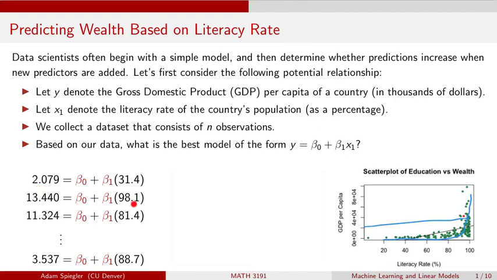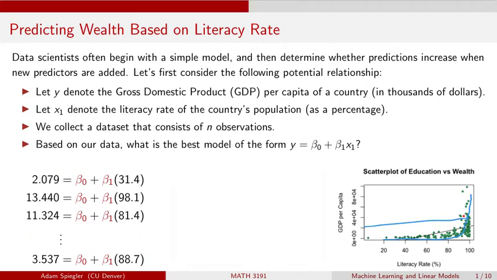Here's another country that has a literacy rate of 98.1%, and that country's GDP per capita is about $13,000. That's what this represents. So we can organize all of our data into a whole system of linear equations, which is where the linear algebra is going to come in. And we can ask ourselves, how can we find values of beta 1 and beta 0 that are going to best approximate this data?